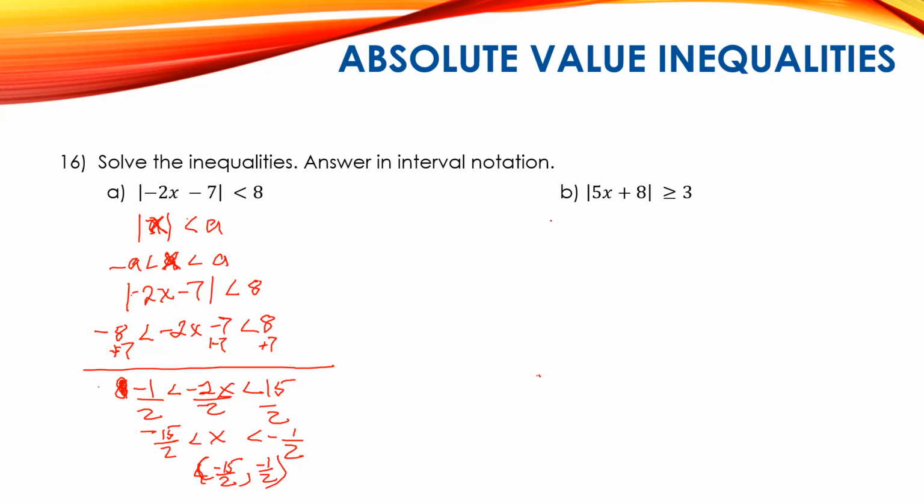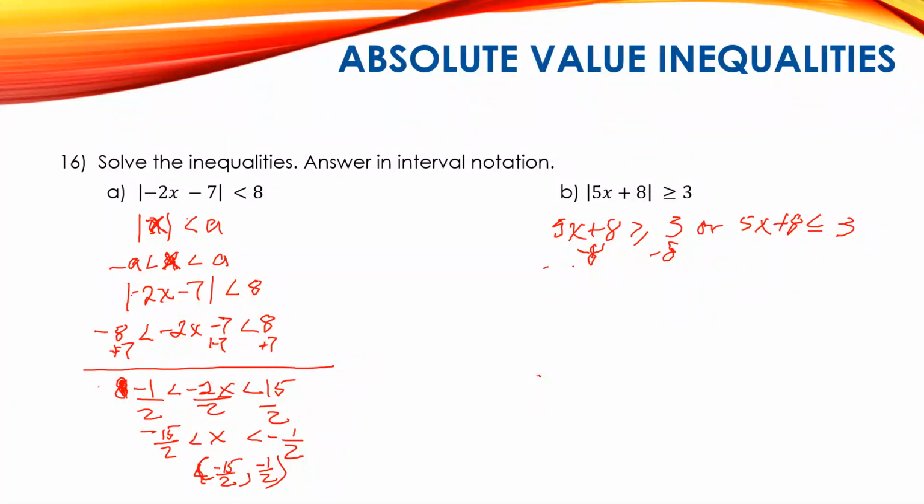That one is done another way because it's greater than. You just have 5x plus 8 greater than or equal to 3, or 5x plus 8 less than or equal to negative 3. For the first one, minus 8 on both sides.